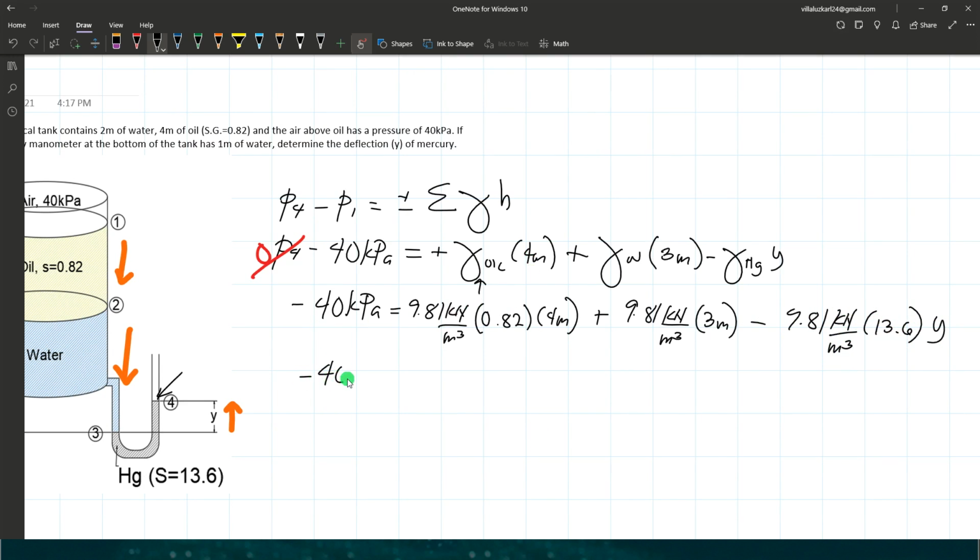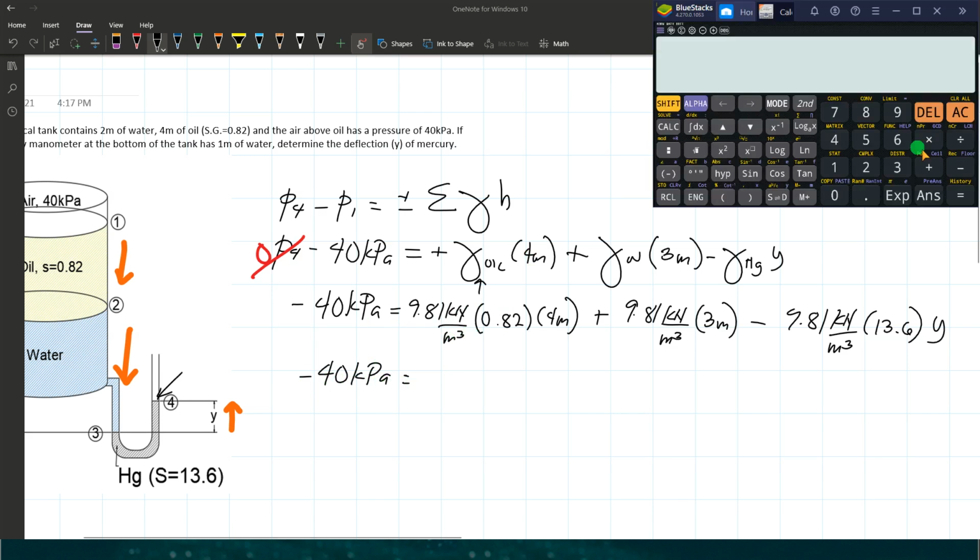Okay, so let's evaluate. Let's multiply 9.81 times 0.82 times 4, 32.1768. Kilonewton per square meter is kilopascal.